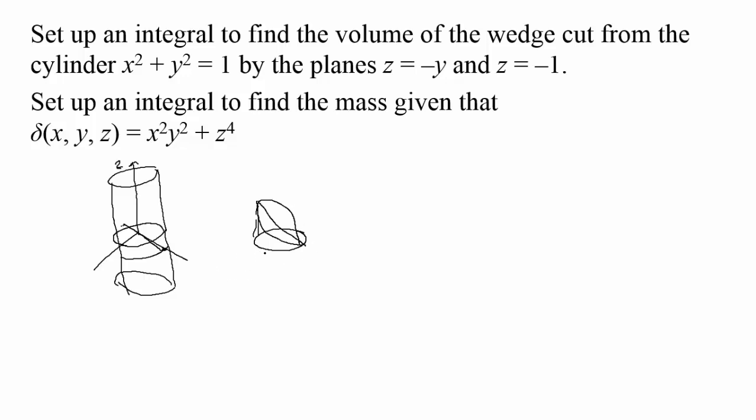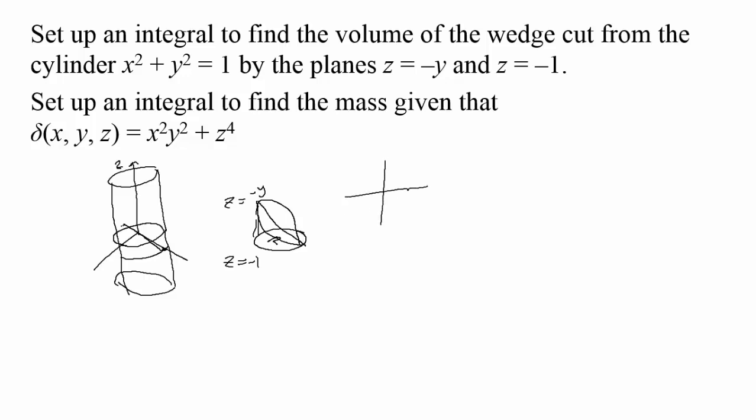Okay, so we can see that we have this region R, and it is trapped between two surfaces, the surface where z equals negative 1 and the surface where z equals negative y. So all we'd have to do is write up bounds for this region.